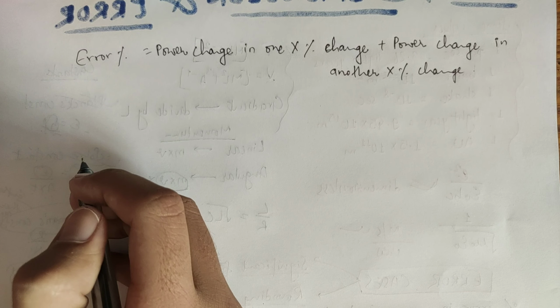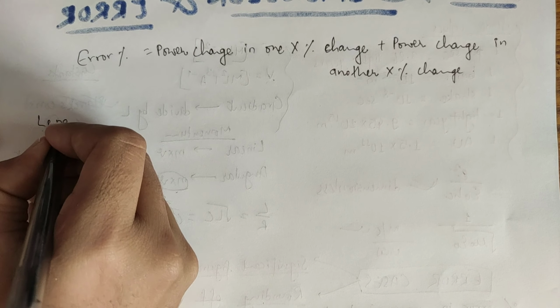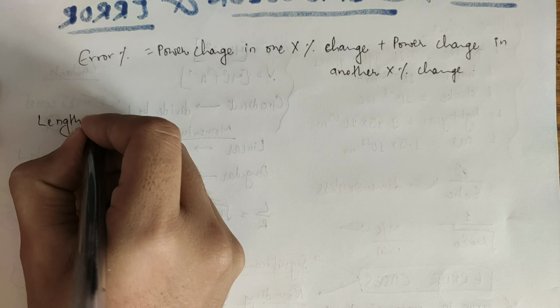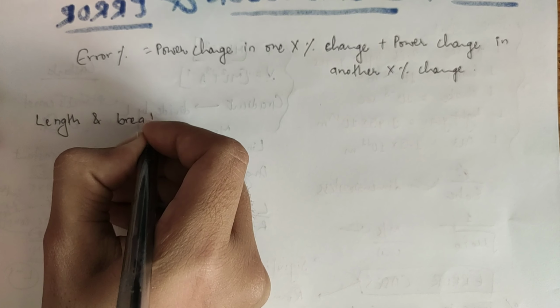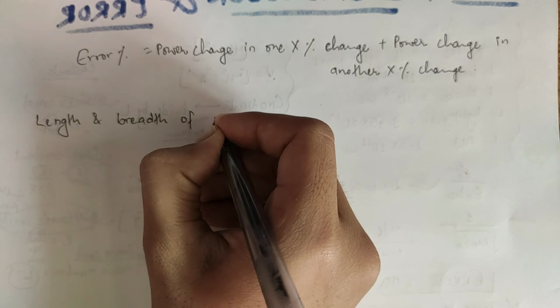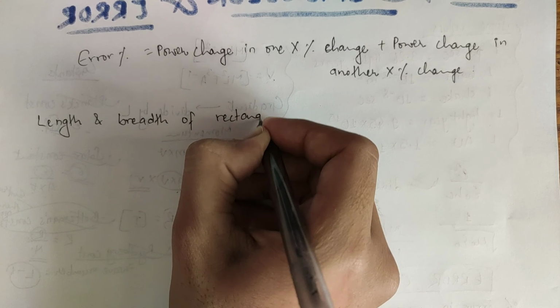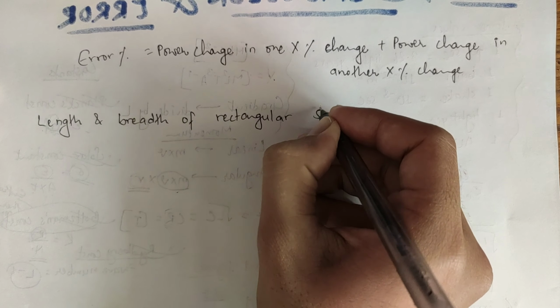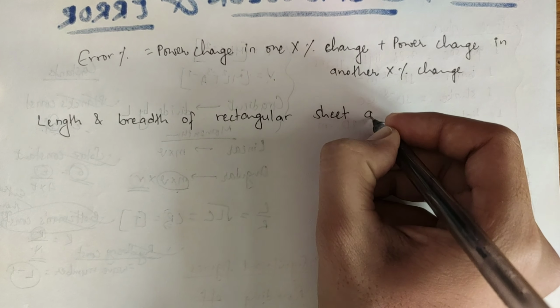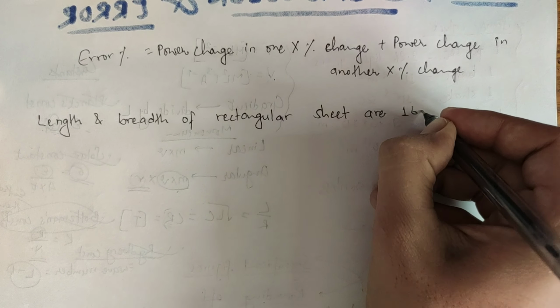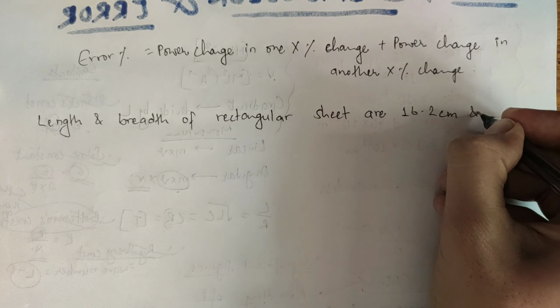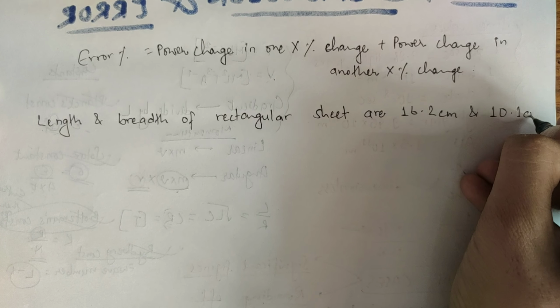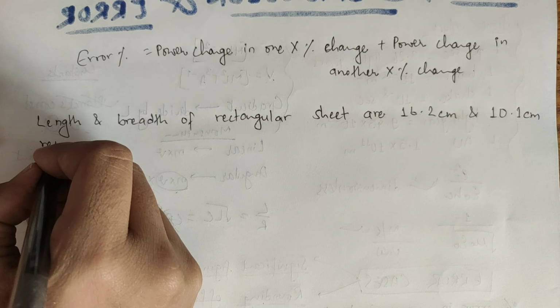So now let's discuss another case. Length and breadth of a rectangular sheet are 16.2 centimeter and 10.1 centimeter respectively.